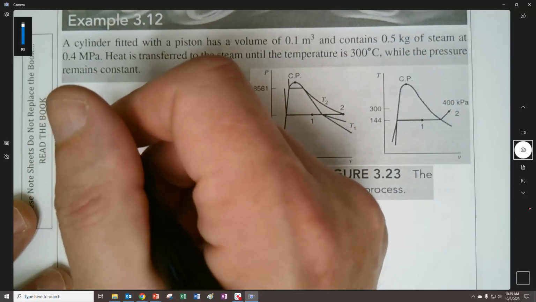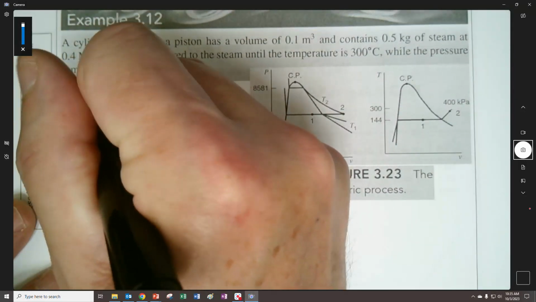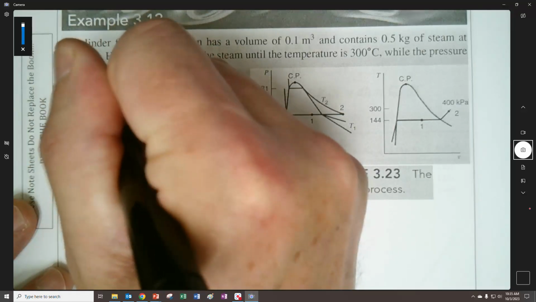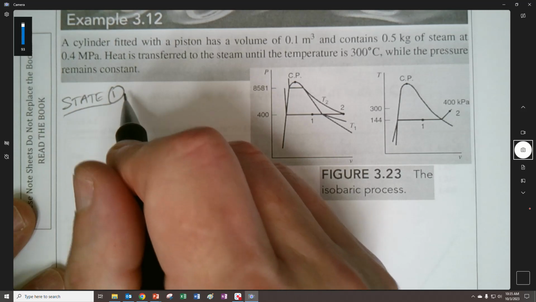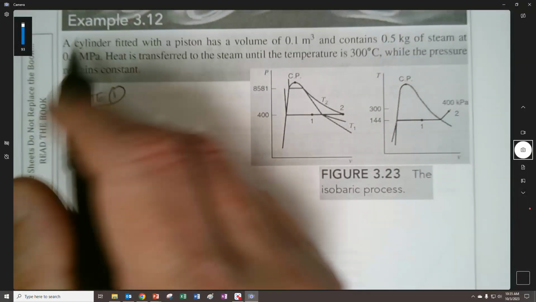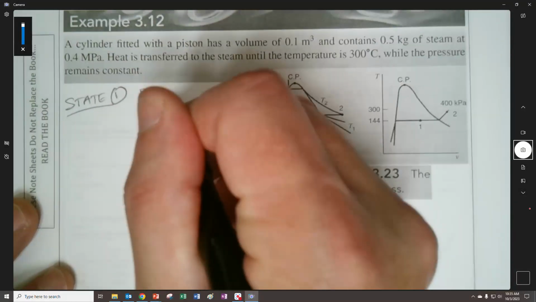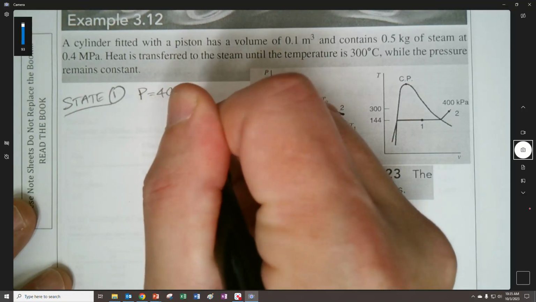So I'm going to write down state 1. They told us the pressure was 0.4 megapascals, so P is 400 kPa, the same thing.